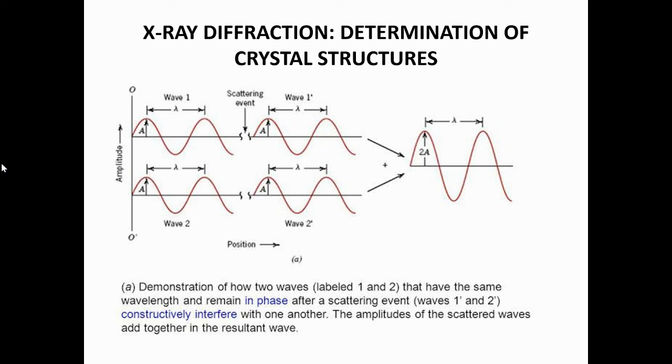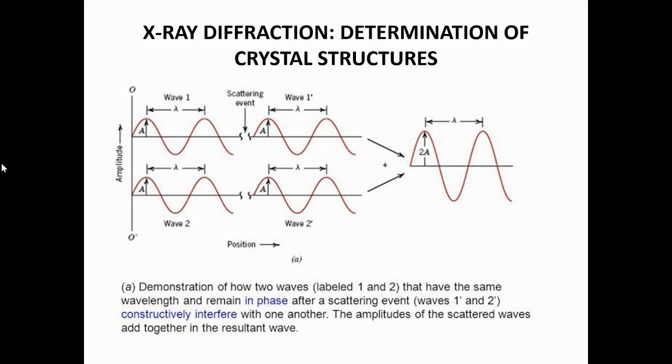So you can say that this is constructive interference. Okay, that means when two waves having the same wavelength remain in phase after the scattering event, they are said to interfere constructively with one another.